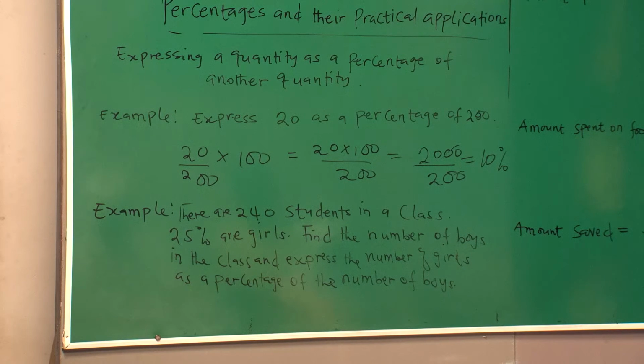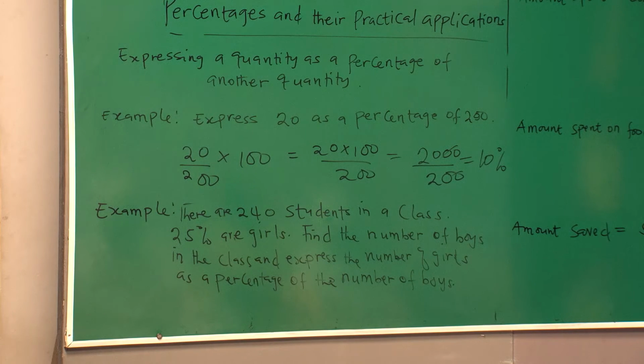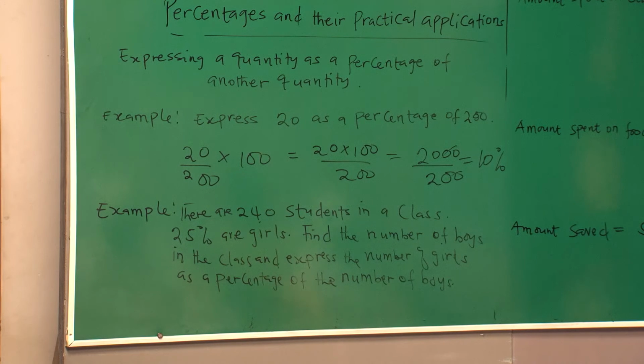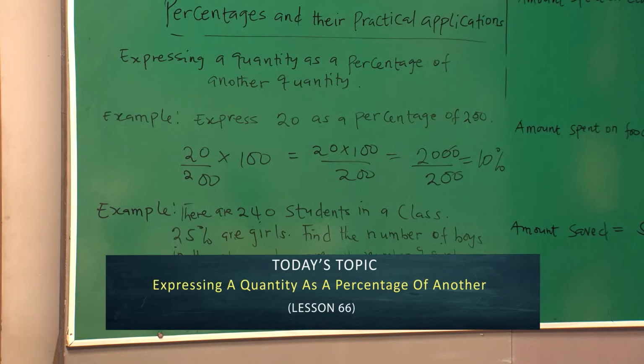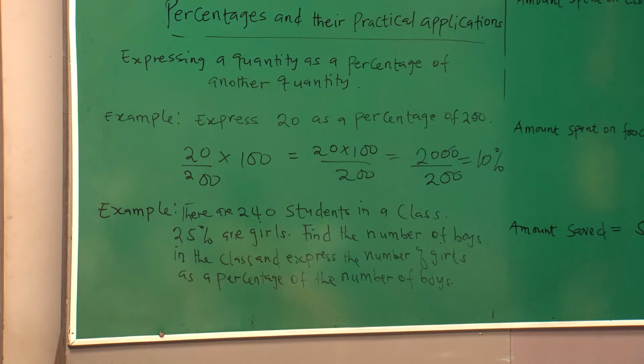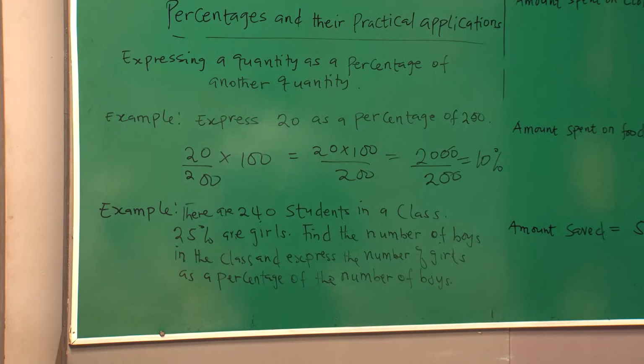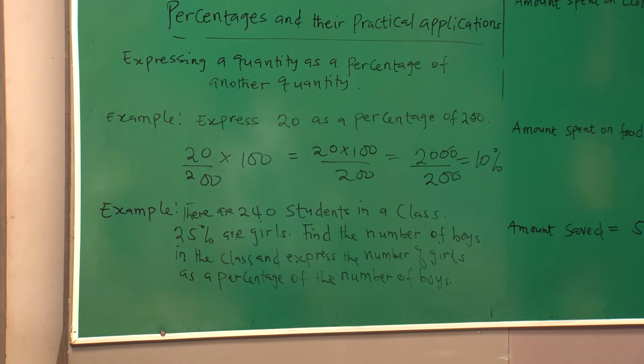So try and do that. Find the number of boys in the class. This one you are finding what? 25% are girls. So if you want to find the number of girls, what do you do? You said find the number of boys in the class and express the number of girls as a percentage of the number of boys.